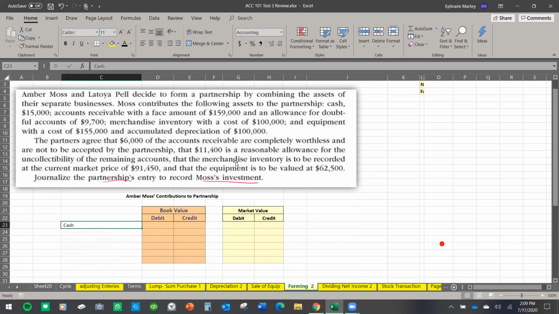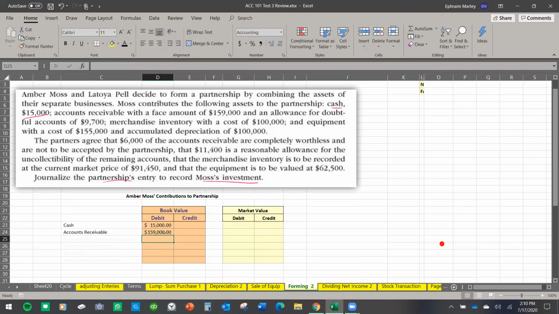We know Moss is bringing cash of 15,000, so we're going to list our 15,000 here. What else is he bringing? He's bringing account receivable with a face value of 159,000.